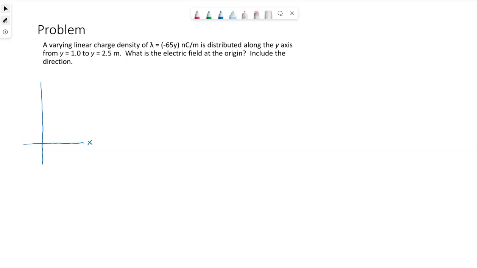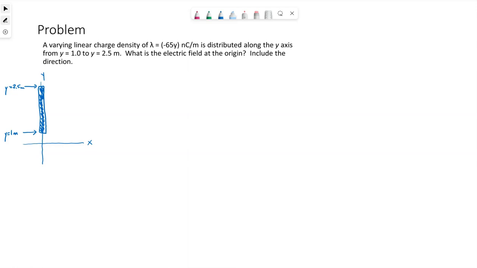I don't have to go far out on the x-axis, because our linear charge is along the y-axis. It's telling us that it's distributed between y equals 1 meter and y equals 2.5 meters.